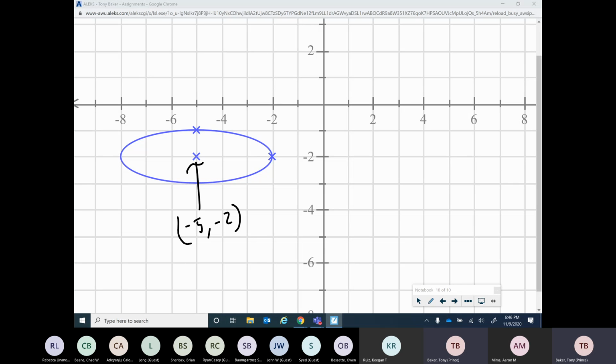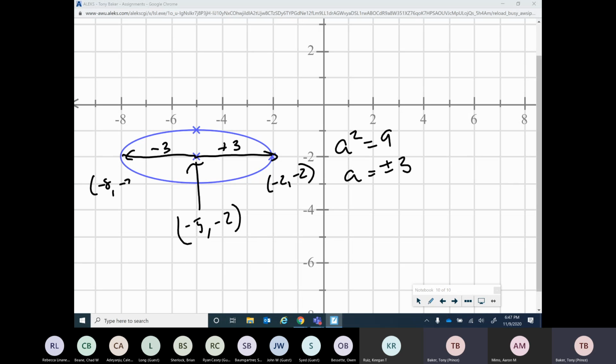So when I'm looking at my A and my B, my A is +3 and -3, because A squared was 9, so A is ±3. And that's how I get my -2, -2, and -8, -2. Does that part make sense?